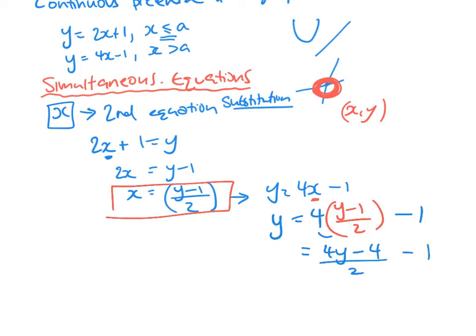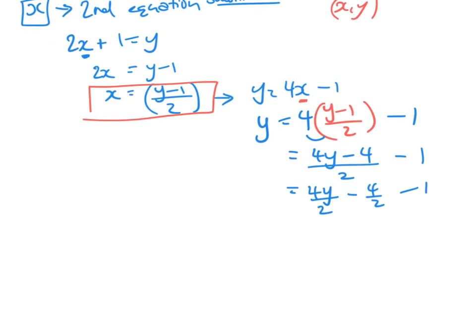I've just expanded out this bracket. Next step is to break apart that half: 4y over 2 minus 4 over 2 minus 1. Then I'm going to tidy that up. So 4y over 2 is 2y, take away 2, take away 1 is what the y is.